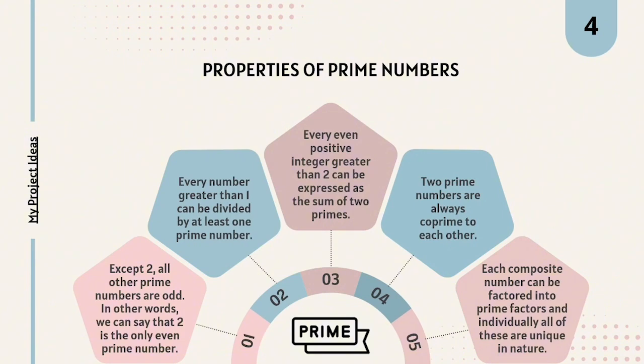Co-prime means they have no common factor except 1. Suppose 2 and 3. If you jot down the prime factorization of 2 and of 3, you get 1 into 2 and 1 into 3. So what is common? 1. And each composite number can be factored into prime factors, and these are unique in nature.